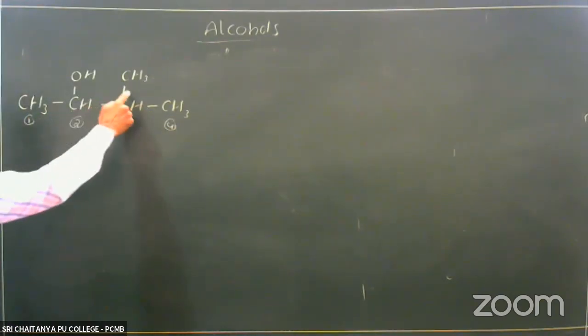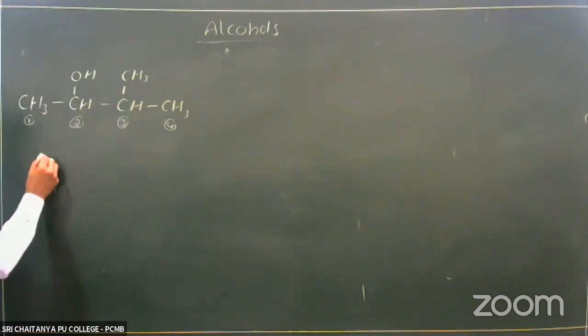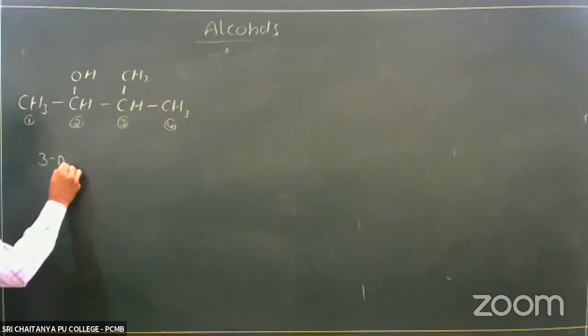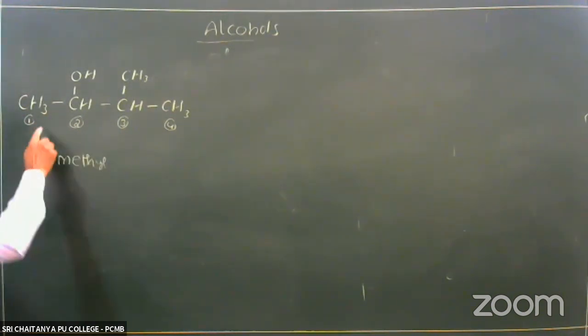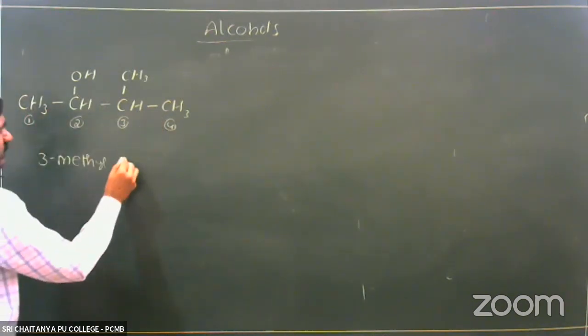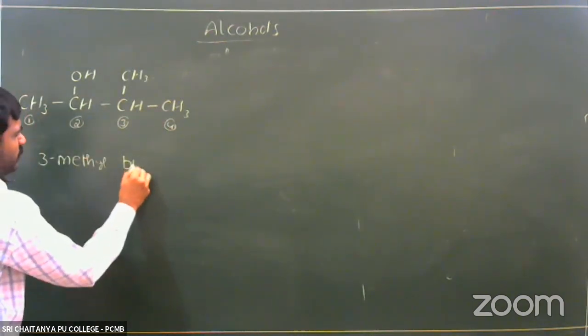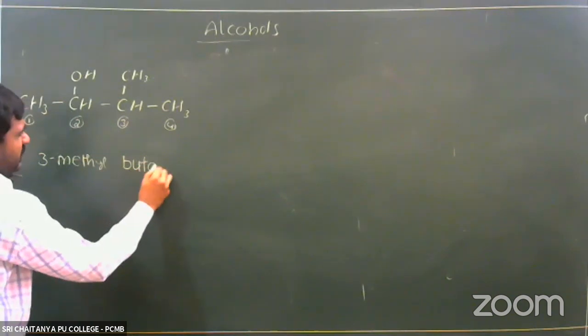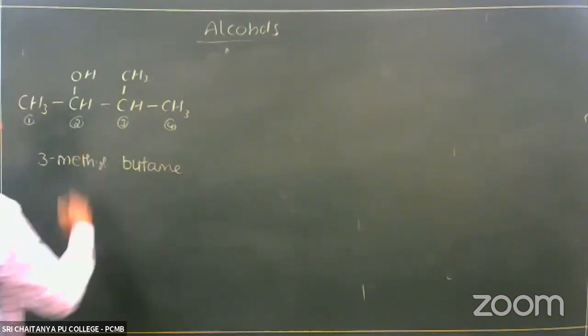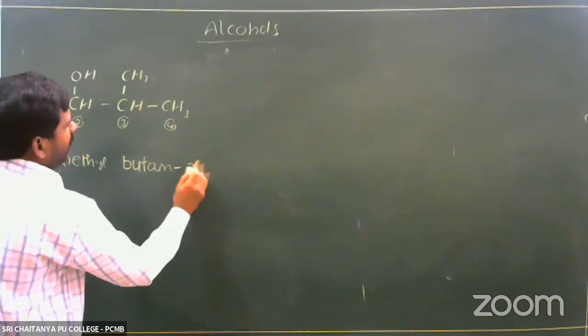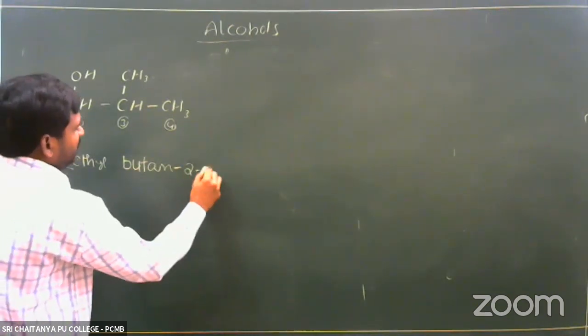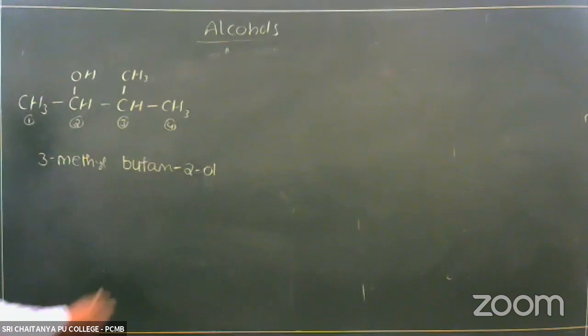First write the name of the substituent: 3-methyl. Total number of carbon atoms is 4, so the root word is but, with single bonds, ane, which is replaced by ol for alcohol. Mention the position: the OH group is present on the second carbon.